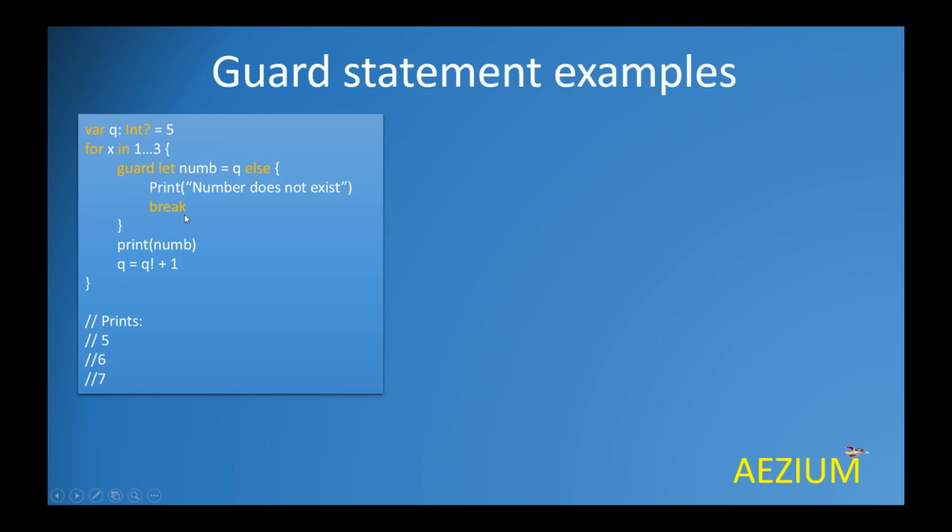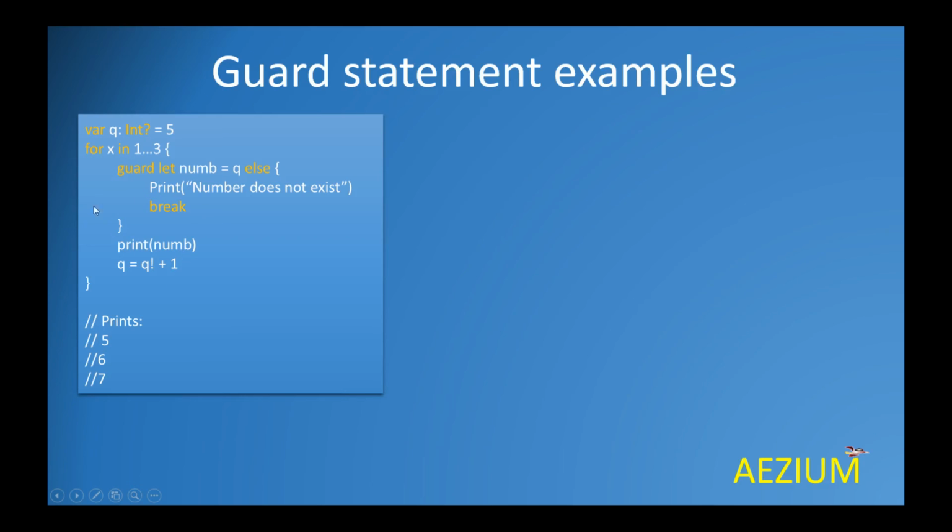As I mentioned earlier, because we're using control transfer statements, things like break, continue, and so forth, the guard statement should be placed within structures which accept the presence of such statements. So in this case, we are dealing with this for-in loop.